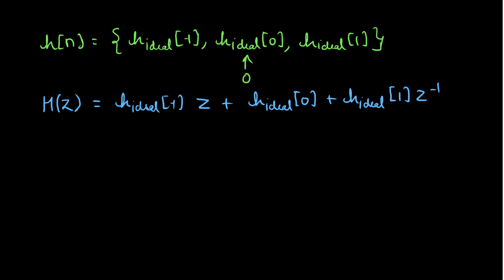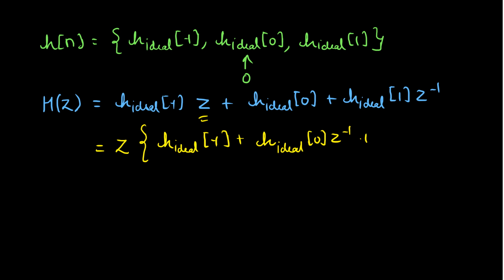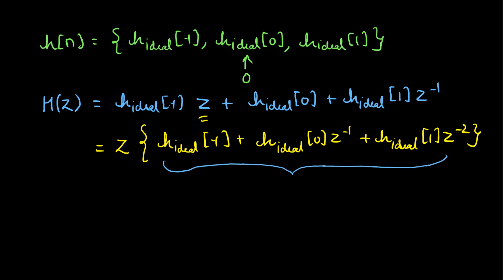Now let us take this z common from the entire equation. So what we have is z into h ideal of -1 plus h ideal of 0 into z to the power minus 1 plus h ideal of 1 into z to the power minus 2. Now if we observe this equation, this entire thing inside the bracket, we can say that we have three finite zeros.